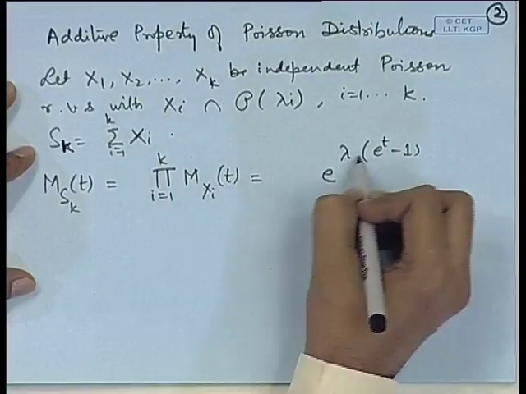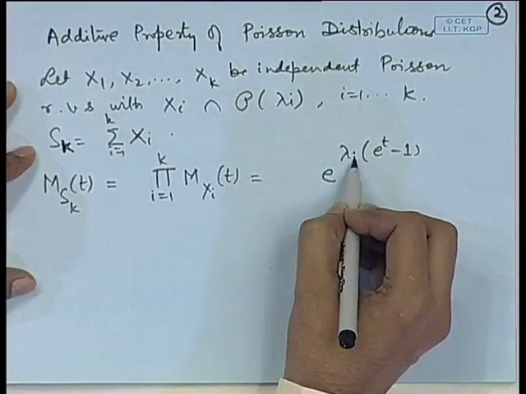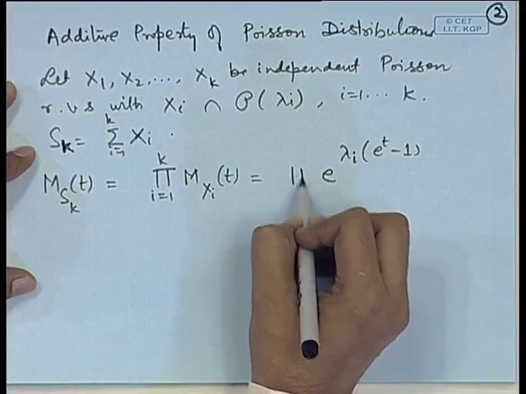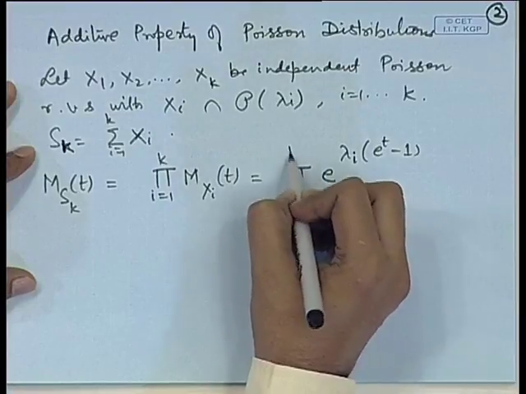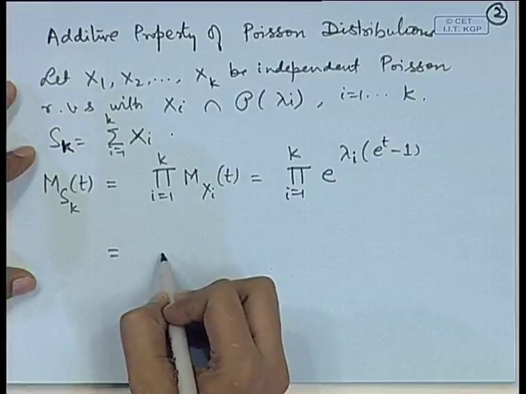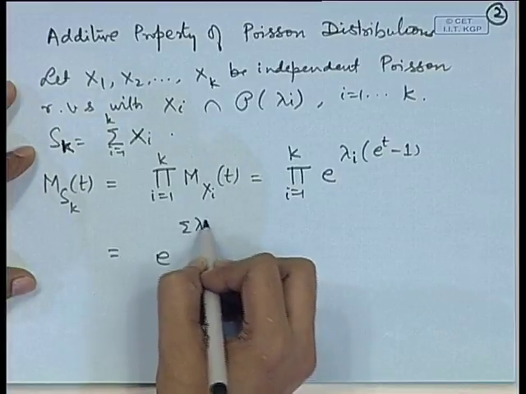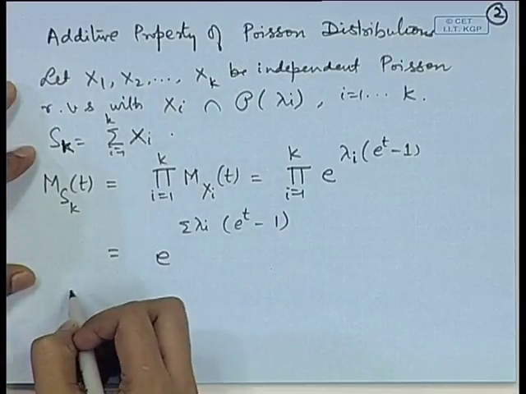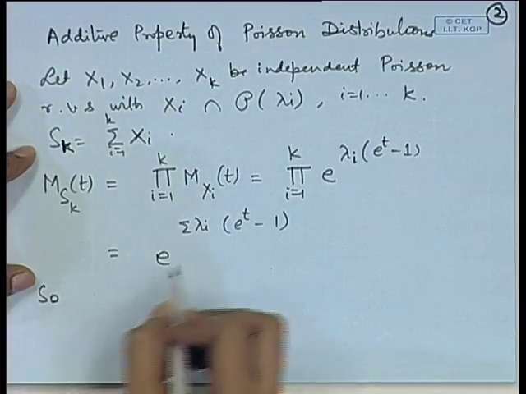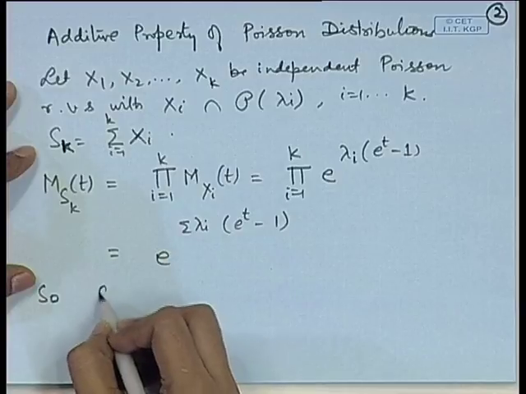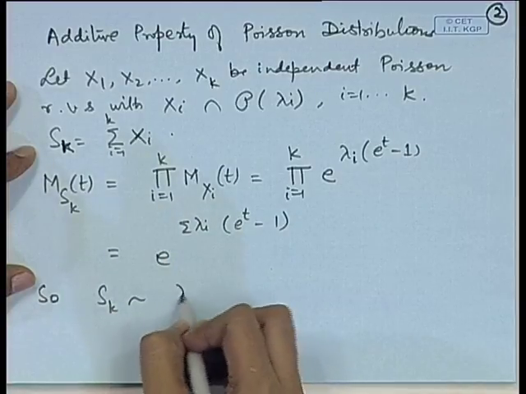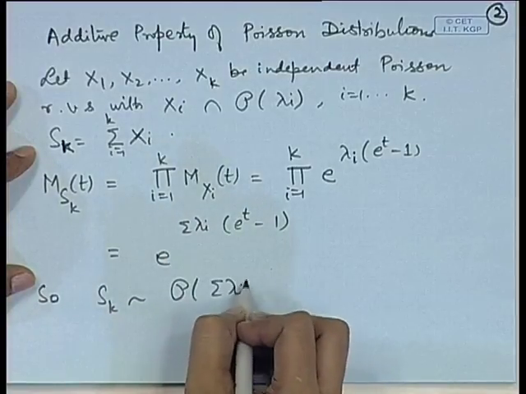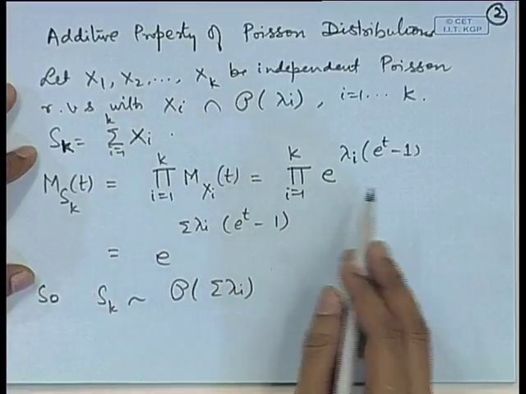So, for Xi this becomes the product over i equal to 1 to k, which gives e to the power sigma lambda i (e to the power t minus 1). Once again, by the uniqueness property of the MGF, we conclude that Sk follows Poisson(sigma lambda i). That means sums of independent Poisson random variables again have a Poisson distribution.